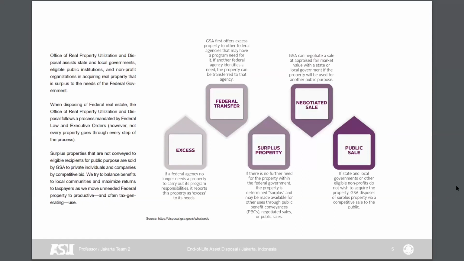The negotiated sale would set a sale price at an appraised fair market value with the state or local government, as well as for intended public use. But a public sale is when the federal property isn't acquired by state or local government, so it can dispose of the surplus property through a competitive sale to the public.